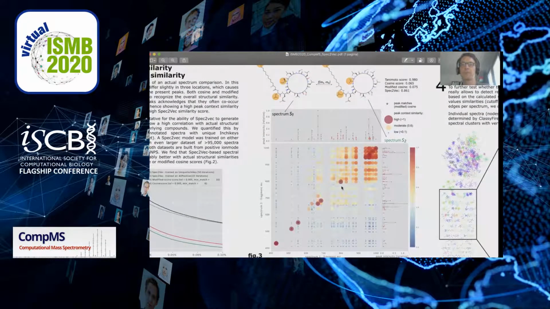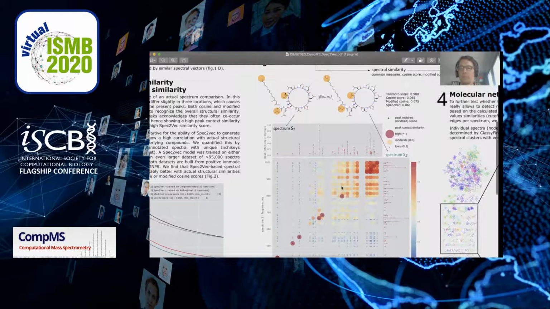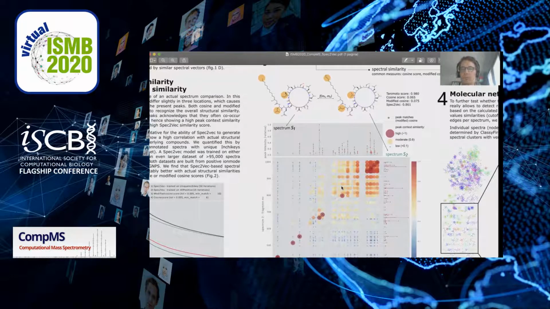Thank you, Florian. When we zoom in on one example of two molecules, as you can see here, that share the majority of their structures but for three small subtle modifications, we can see that the traditional cosine scores, the cosine and the modified cosine score, are pretty low because they only share a couple of peaks out of the total spectrum.